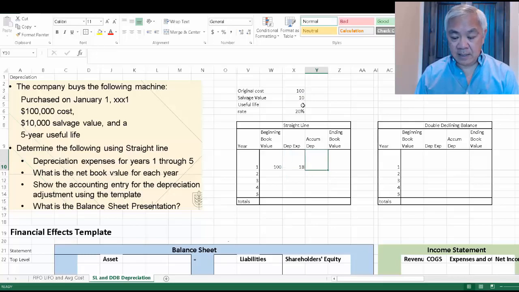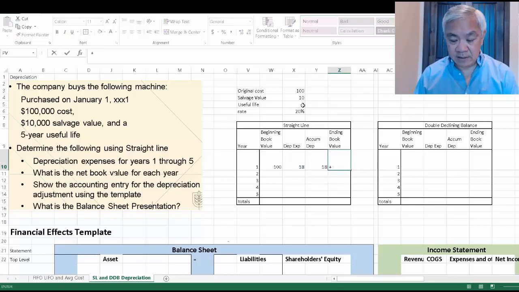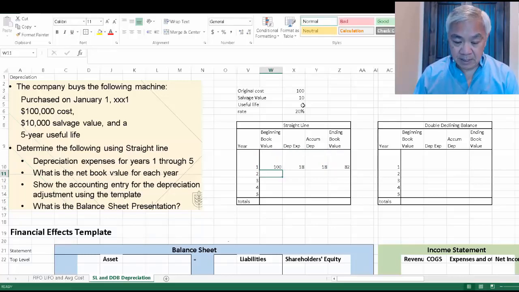So it's 18, and then the accumulated depreciation in the first year is the same 18. Ending book value is the beginning book value minus this year's depreciation. So it's 82.